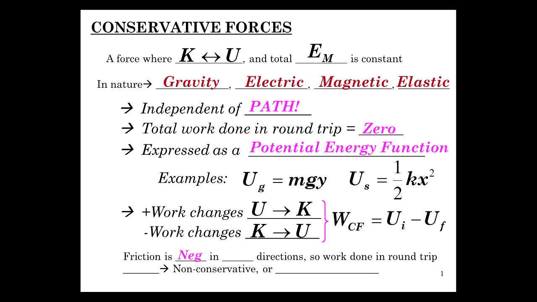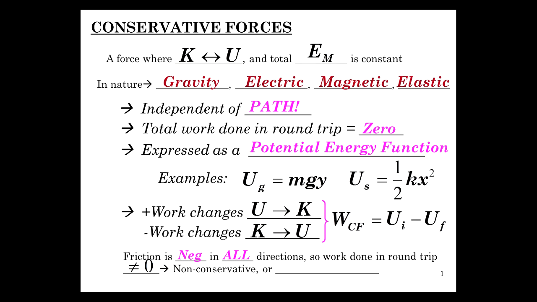Now, friction, on the other hand, is negative in all directions. So if we have an object under friction and we're doing this and end up where we left off, the work done is not 0 because it was dragging against this object during the entire path. And if we take a different path, it drags against it more, so the negative work is more.